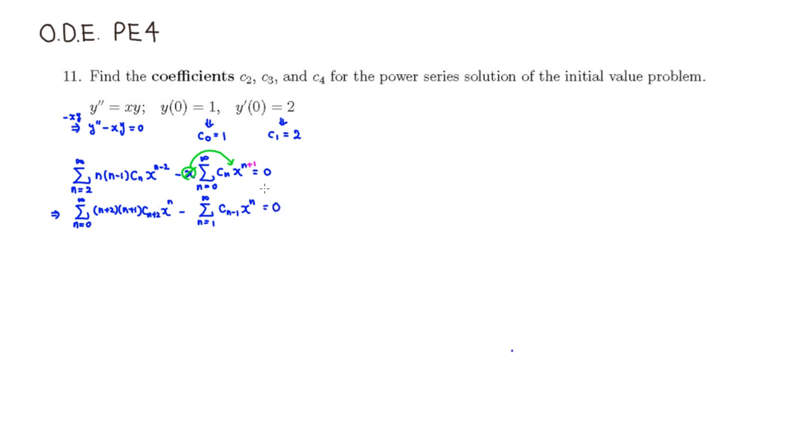Unfortunately, this one starts from 1, and this one starts from 0. So I'm going to pull the very first term, when n equals 0, out of the first summation. When n equals 0, it's going to be 2 times 1, c2, and x to the 0 is 1. So it's going to be 2c2.